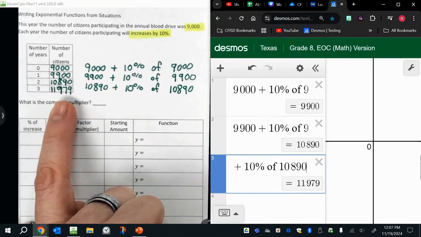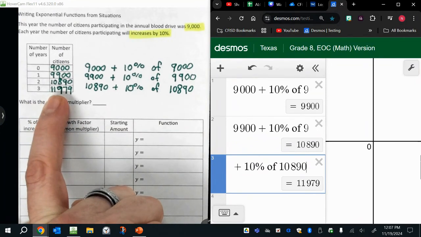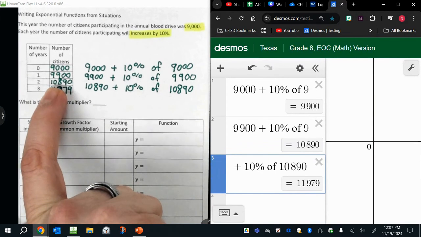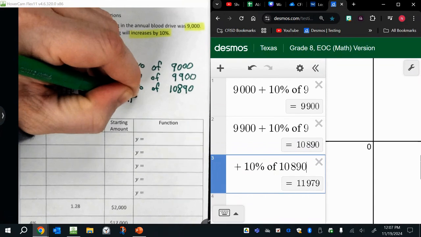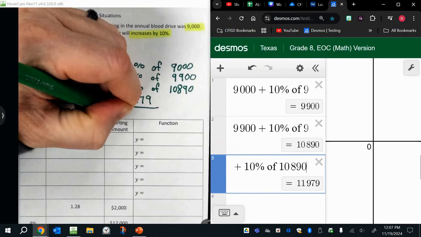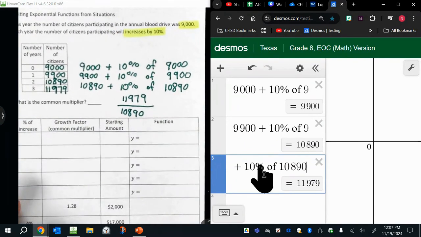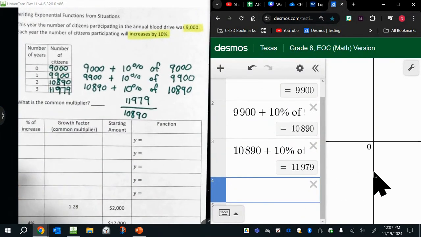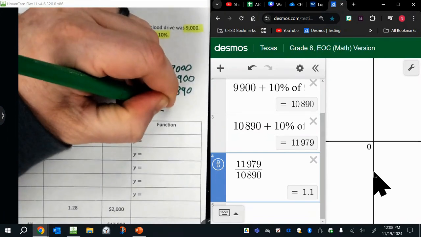What's the common multiplier? Well, the other day we talked about if I want to find the multiplier, I'm going to take this guy and divide it from this guy. So I'm going to keep going that direction. So if I say 11,979 divided by 10,890, I get 1.1.